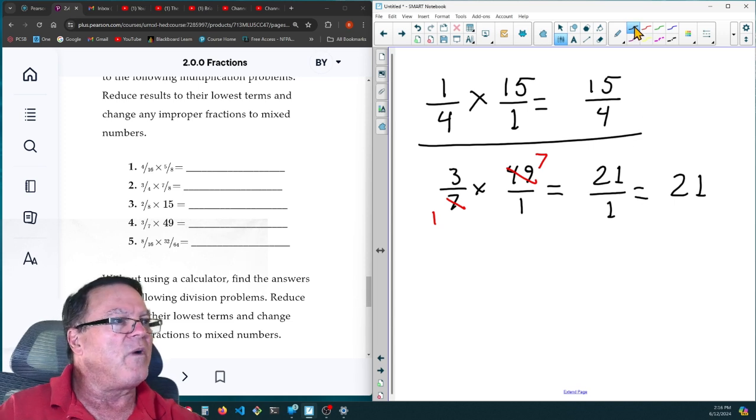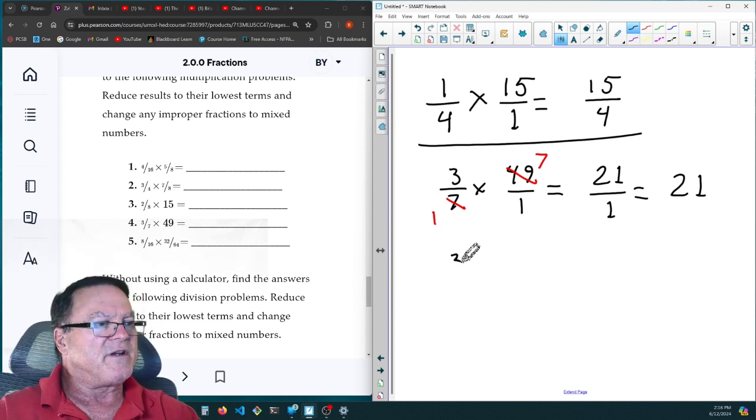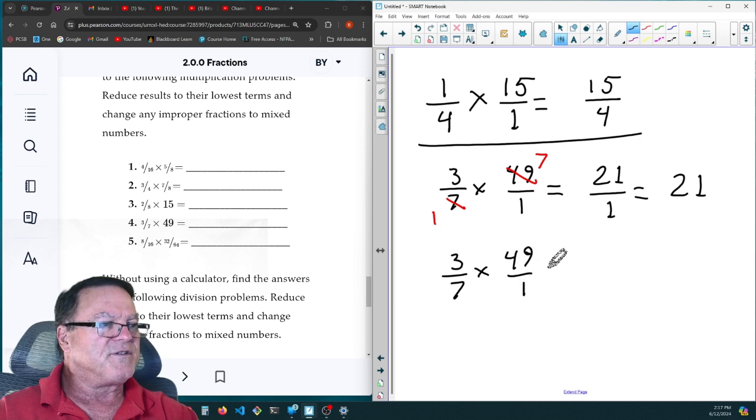Now let's do it the long way and see if I was right. 3 over 7 times 49 over 1. So 7 times 1 is 7. And here 3 times 49 is 148. Is that correct?